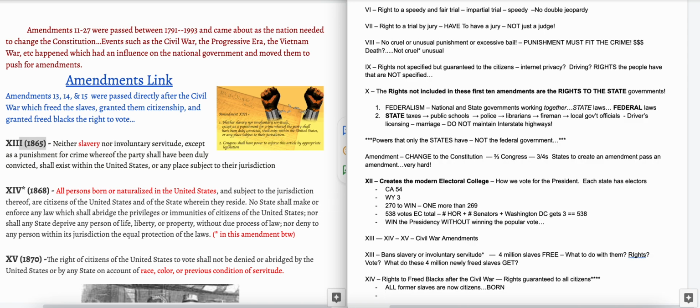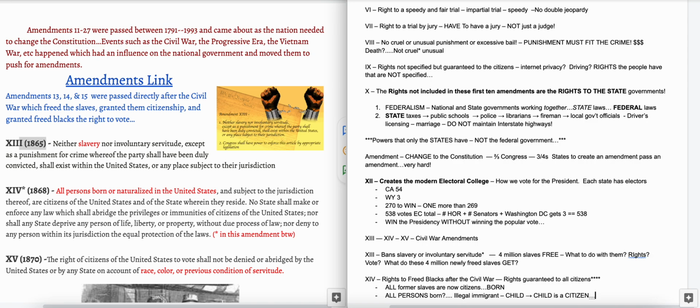Well, this is where the issue lies. So wait, all persons born? Well, technically it says all persons born. So if you are an illegal immigrant and you have a child, that child is a citizen, which is controversial.